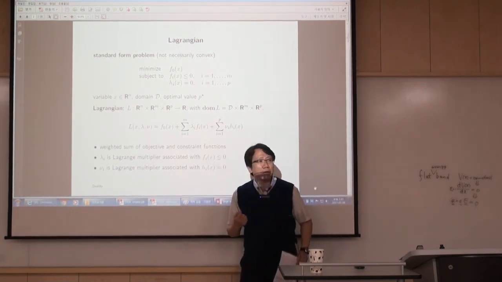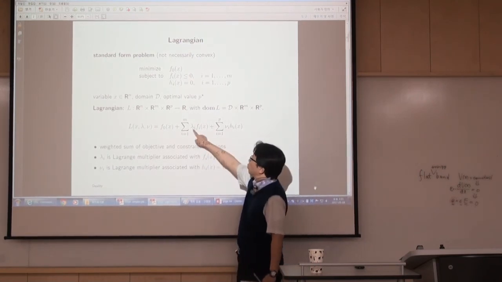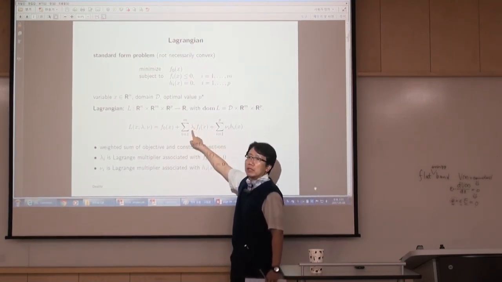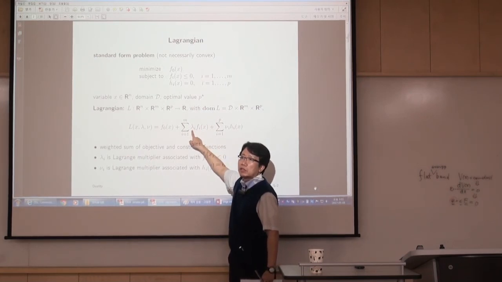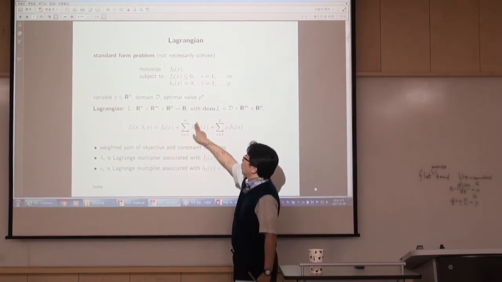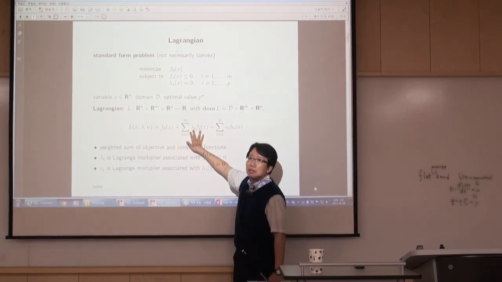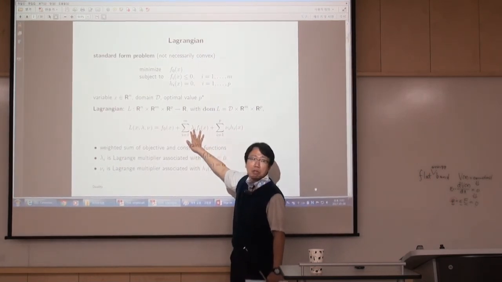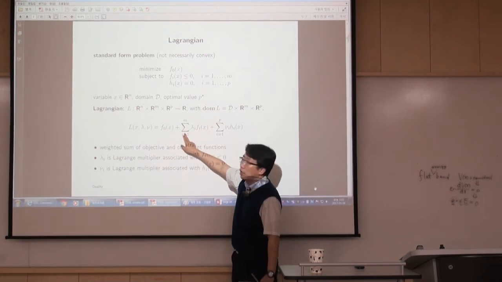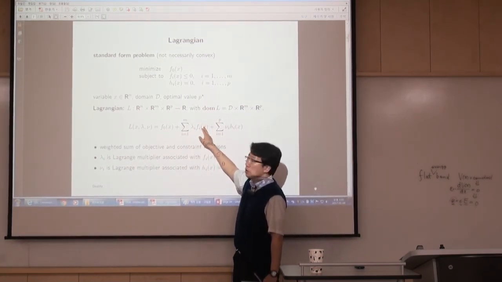Now we want to have a lower bound. Then what do we want for lambda? Greater than or equal to 0. In that case, what happens? Lambda_i greater than or equal to 0, f_i less than or equal to 0, multiply, then this product is less than or equal to 0. Now you add up those less-than-or-equal-to-0 values, then what happens?